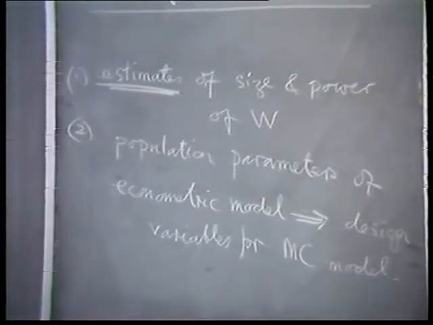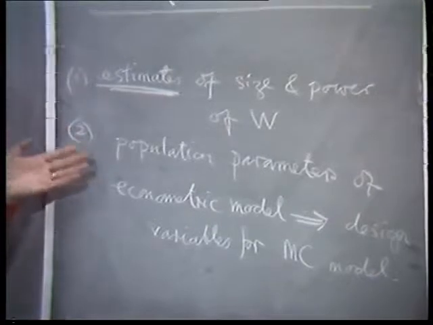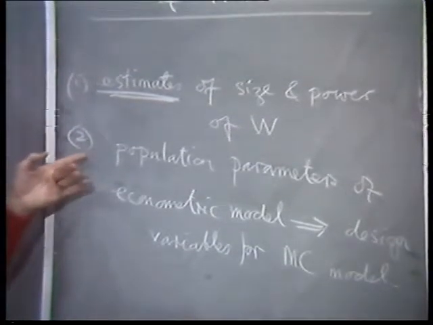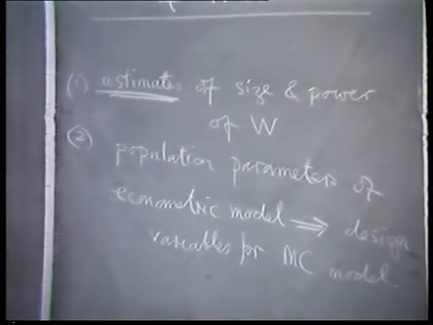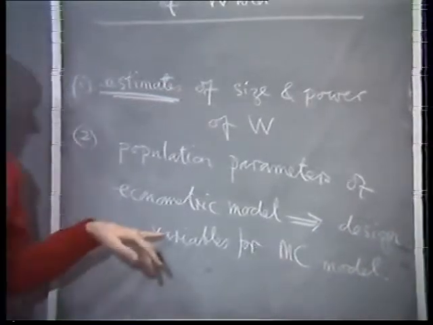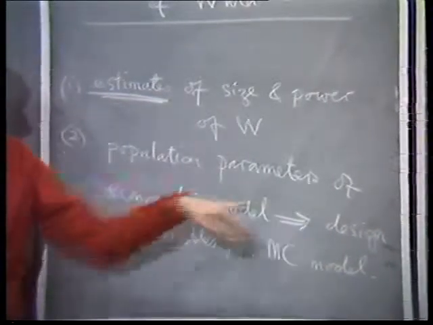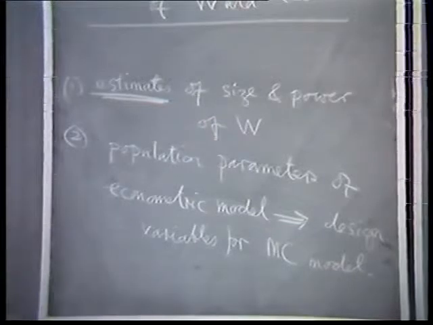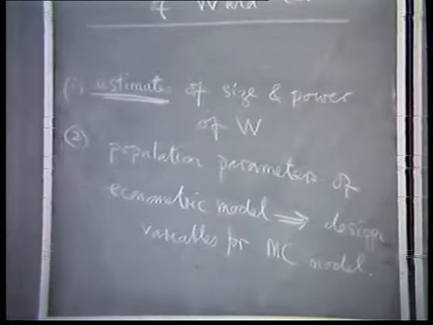And so if we want our results to be representative of situations which occur in practice for econometricians, we must be very careful in choosing the values of these design variables to represent the appropriate ranges.